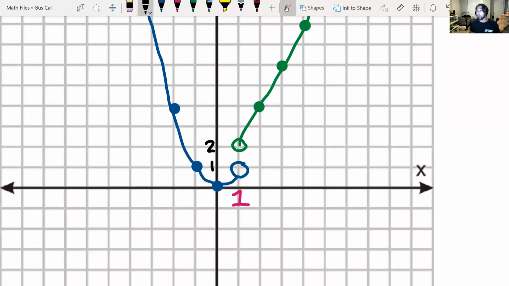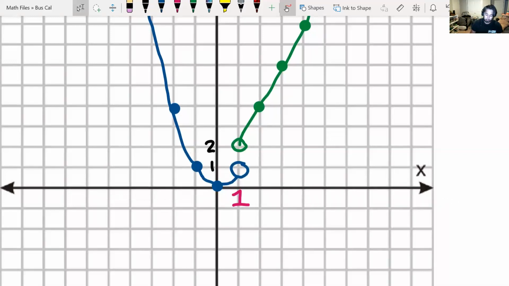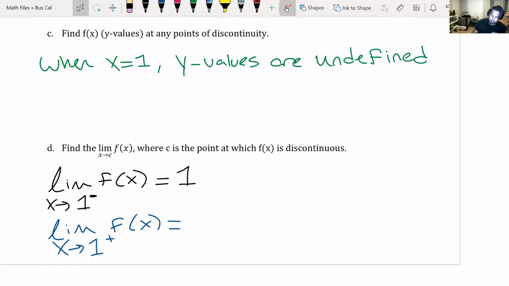So, quick, run it back. As x approached 1 from the left, y got closer and closer to 1. As x approached 1 from the right, y got closer and closer to 2. So the limit from the left is 1. The limit from the right is 2. Does 1 equal 2? And that answer is no. So we finish this by saying the limit from the right is 2, and therefore these are not equal.